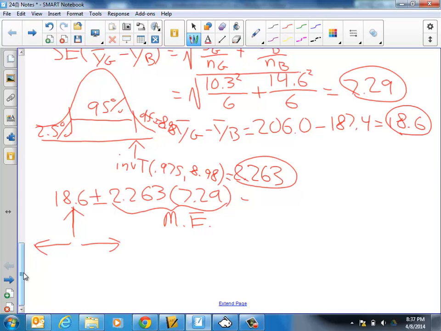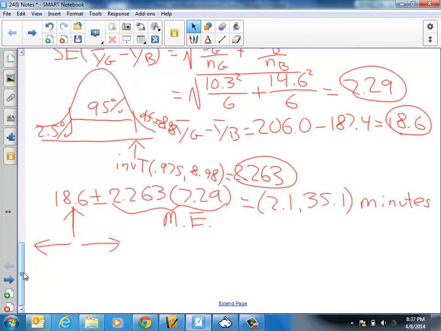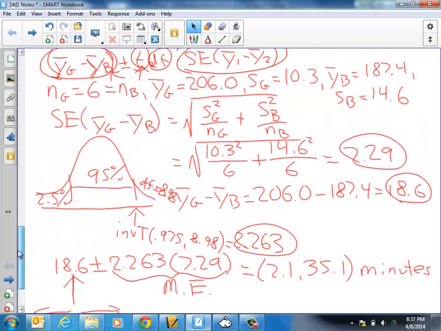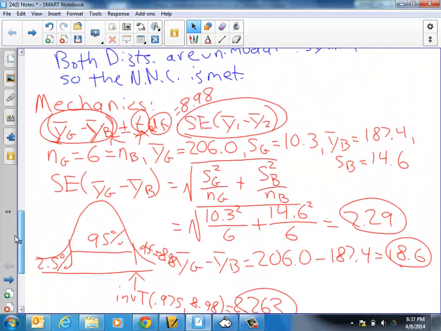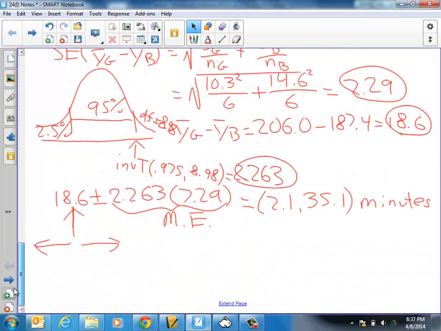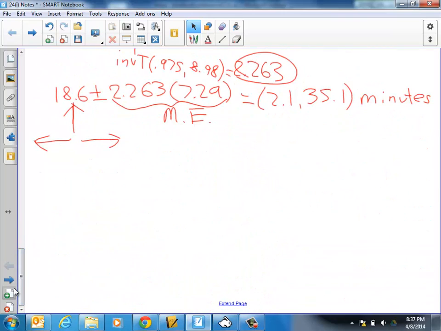Or if you convert this to a coordinate pair style interval here, you've got between 2.1 and 35.1 minutes. That is to say, with 95% confidence, we believe that generics are lasting 2.1 to 35.1 minutes longer on average. That's kind of remarkable.